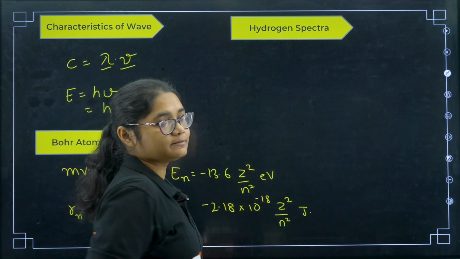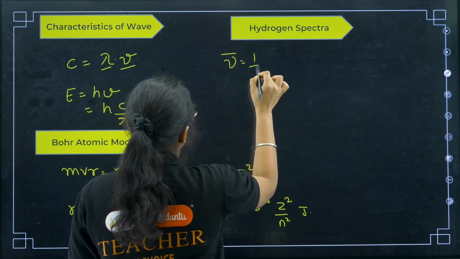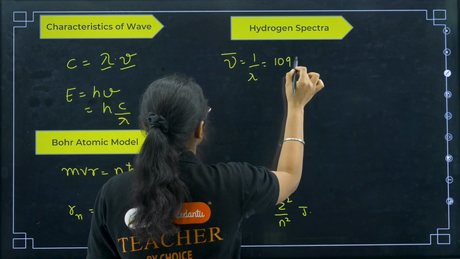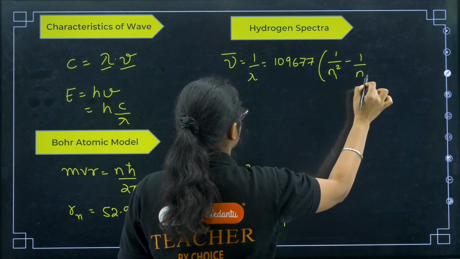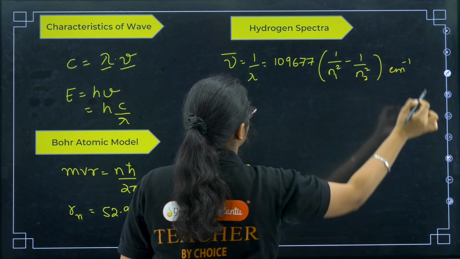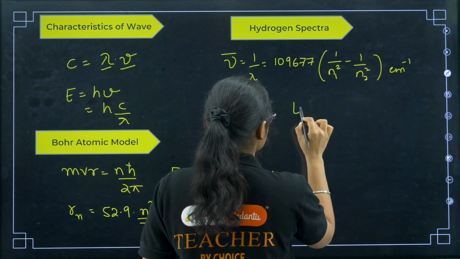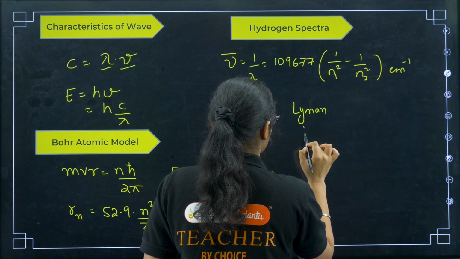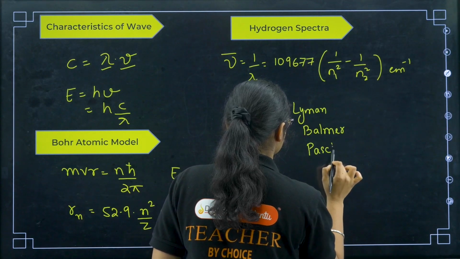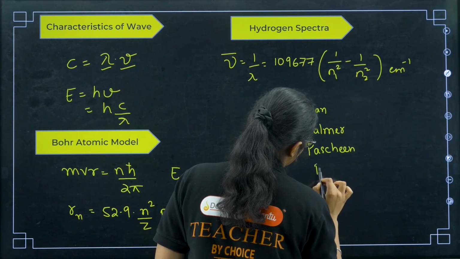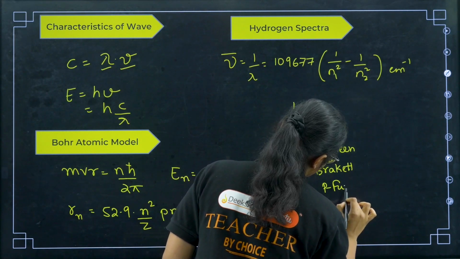Next, coming to hydrogen spectra. To calculate the hydrogen spectrum, you have this formula: 1 by lambda is equal to 109677 into 1 by n1 square minus 1 by n2 square centimeter inverse. We all know this formula. Now here we have the Lyman series, Balmer series, Paschen series, then Brackett series, and then Pfund series.